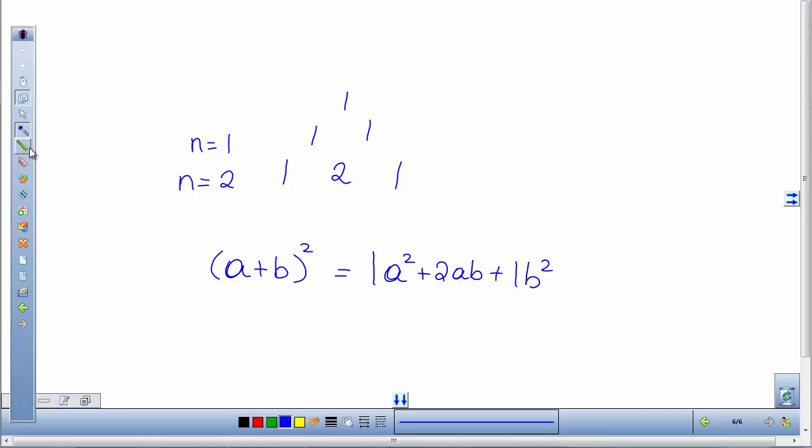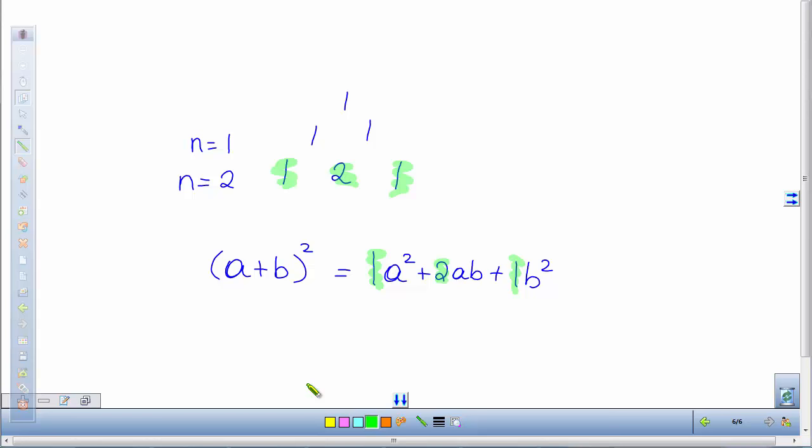Notice that my coefficients match what I have in Pascal's triangle. Also notice that for my variables, I start with a to the 2. In my second term, the degree goes down to 1 for the variable a, and in the last term, the degree for a is 0. We go down in degrees for a, and we go up in degrees for b. The first one is b to the 0, the second is b to the 1, and the last is b to the 2.